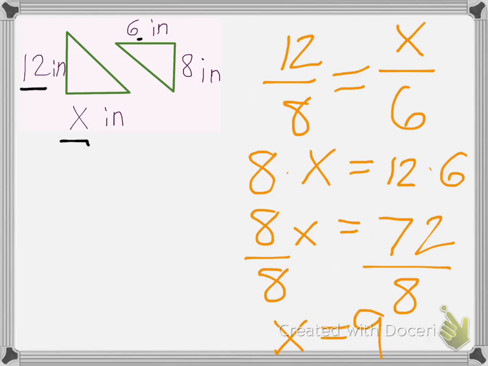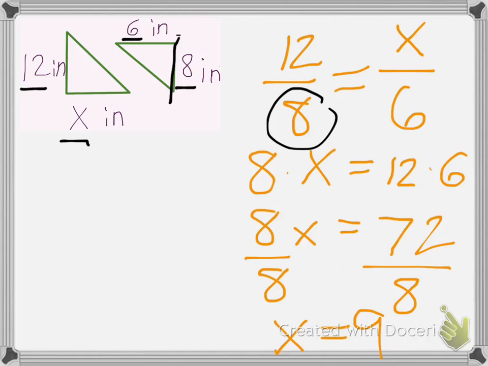So the width is 6, and the length over here is 8. So the 12 would go over the 8, and then the x would go over the 6, to match up both sides.